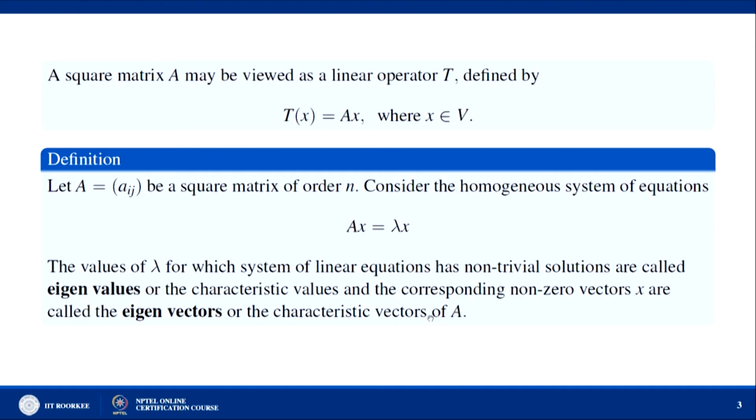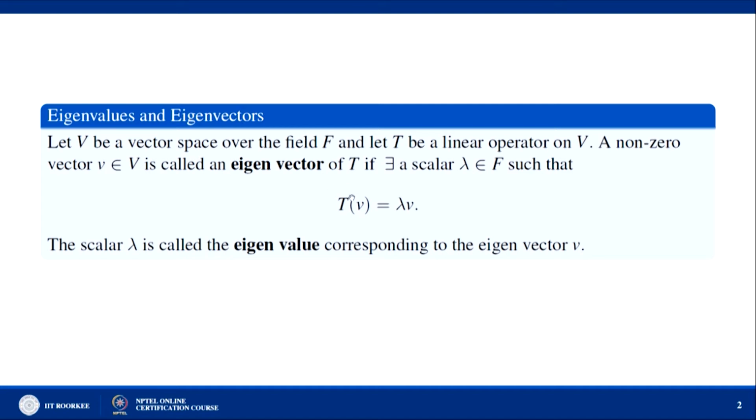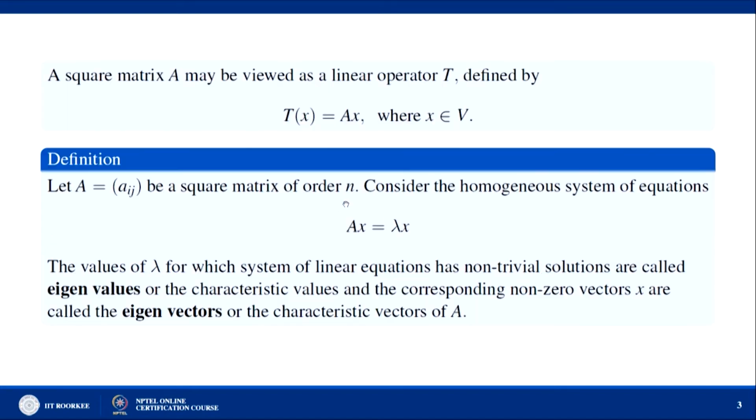Since every matrix can be viewed as a linear operator T, in the previous definition we have replaced this T by a matrix A here, and this x is in V. This is a scalar lambda in the field. Okay. So what I want to say basically is, suppose you have a matrix A which is of order n cross n.